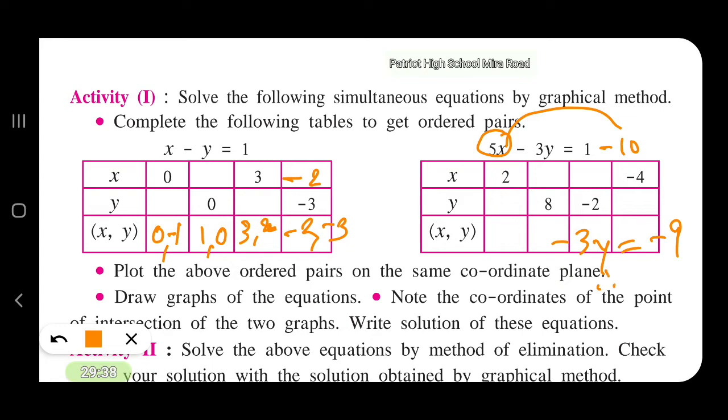Therefore y is equal to 3. So it will be 2 and 3. Then you have the second ordered pair we required to find out.